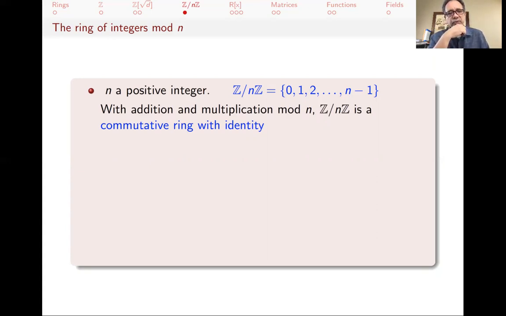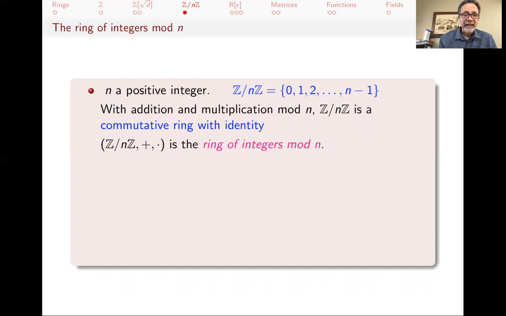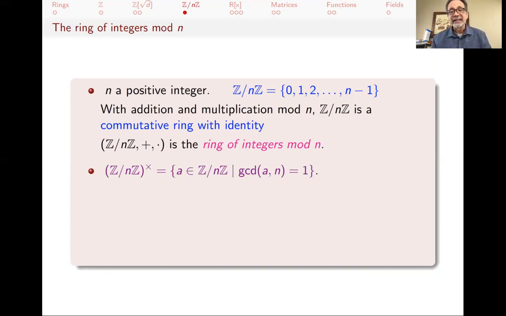So this is a commutative ring with identity, and it's called the ring of integers mod n. For every ring, the elements that have a multiplicative inverse form a group, and that's called the group of units. We saw that in the previous lecture.